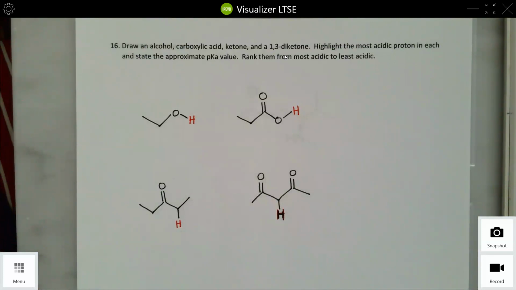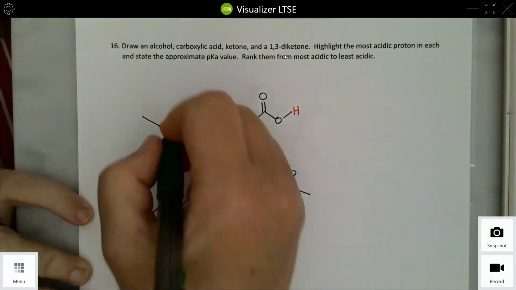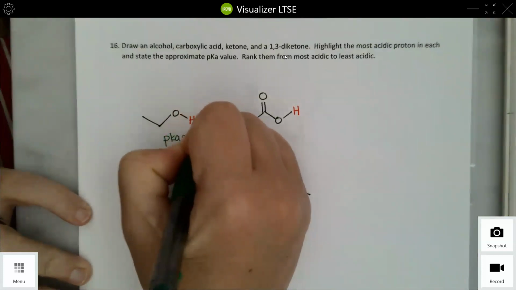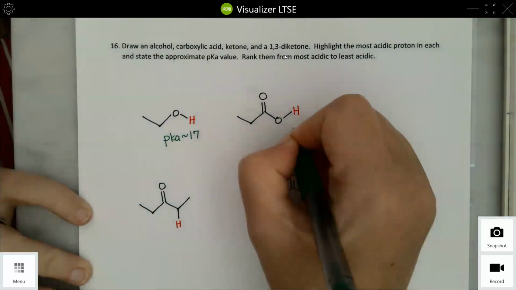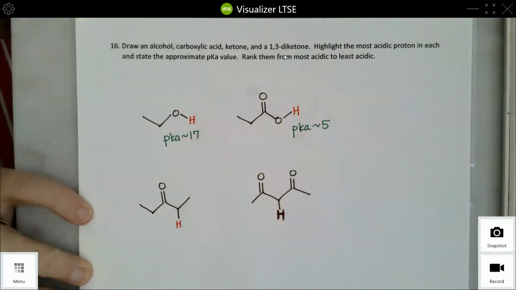Okay. And then it wants the pKa value, right? So this is going to take some remembering on our behalf. The pKa of an alcohol is typically, let's say, about 17 or approximately. That's the most important thing, is just approximately here. Carboxylic acids, approximately 5.